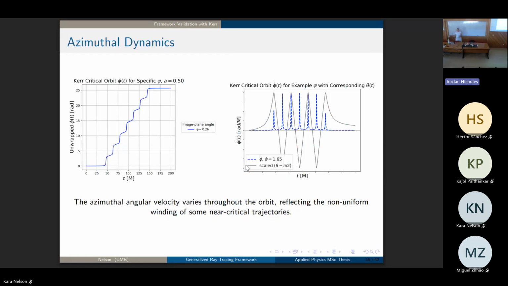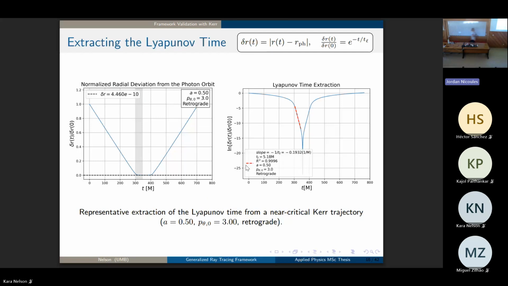Okay, so just to quickly go through some more results, we were able to calculate the Lyapunov time, which you can see in the equation up there. This is the instability of the photon region, a nice quantitative explanation of how the photon region is acting. The Lyapunov time describes the instability of how a photon is approaching or leaving the photon region. If we plot that, we can linearize it by taking the log and calculate the slope.